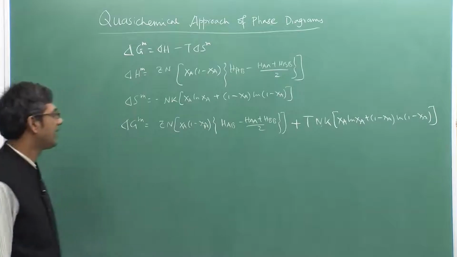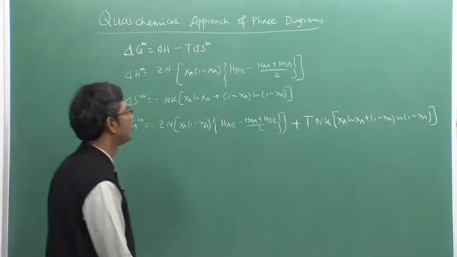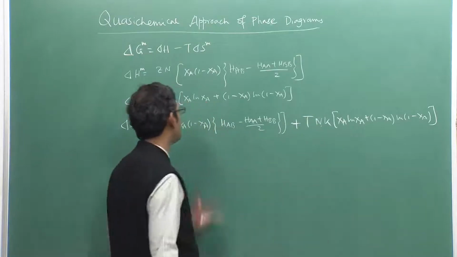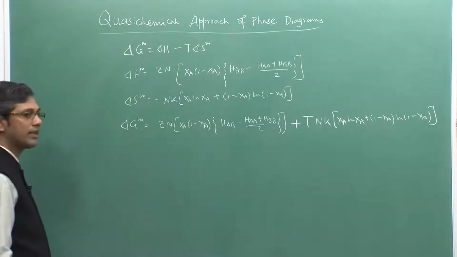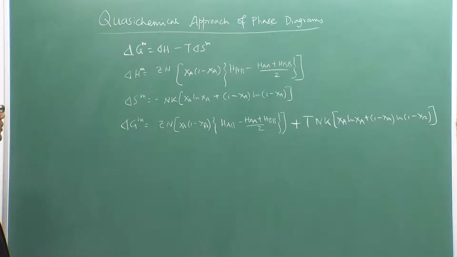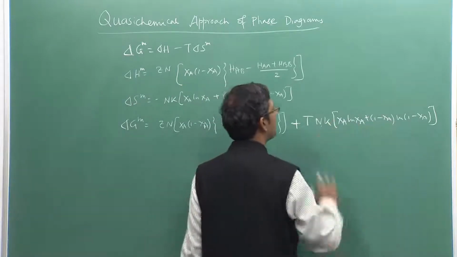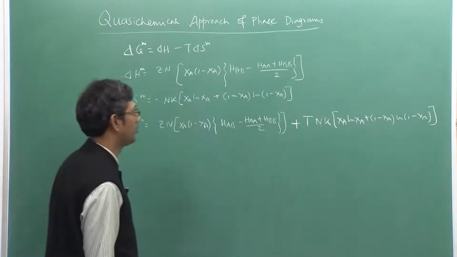So, as you can see here, this term is the entropy term and this term is the enthalpy term. Let us first discuss the situations one by one. The entropy term, T n k multiplied by this bracket, is always negative. Why?